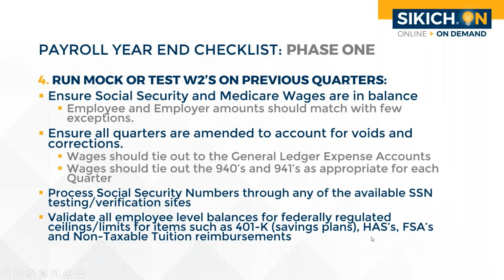As we get through phase one, you want to run what I call mock or test W-2s on your previous quarters. Ensure that your Social Security and Medicare wages are in balance. Ensure that any previous quarter's amendments are completed and filed so that your year end is going to be properly in balance. If you have a voided check from a previous quarter, that previous quarter needs to be amended properly.